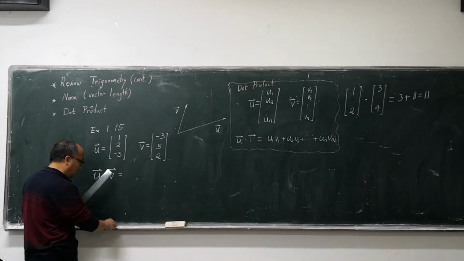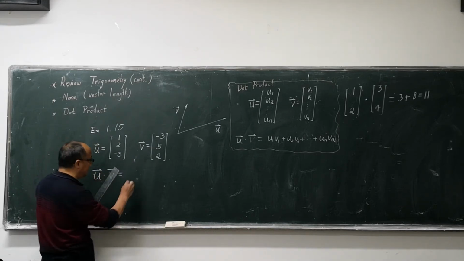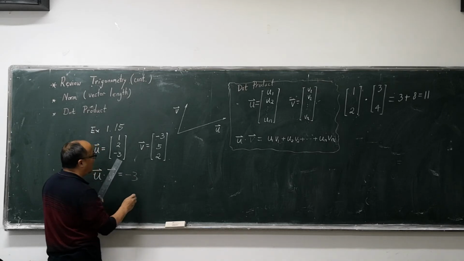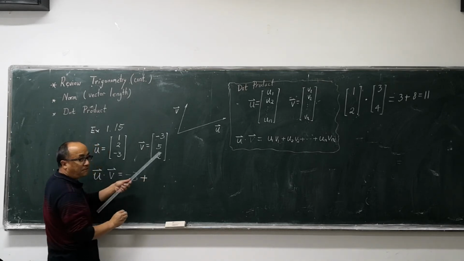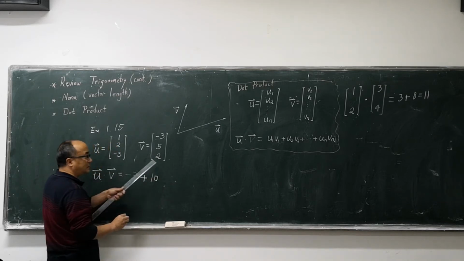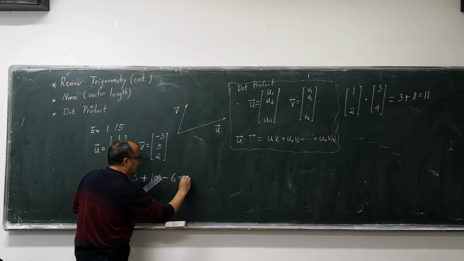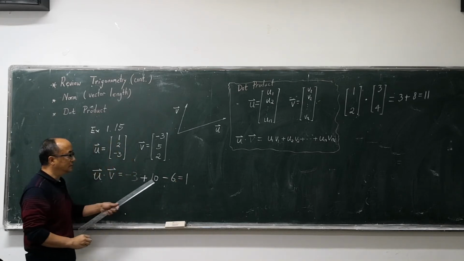And so what's the result? 1 times minus 3, plus 2 times 5, that is 10, plus minus 6. And the result is 1.